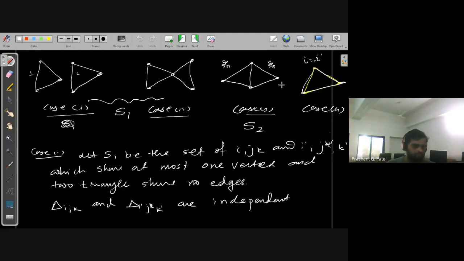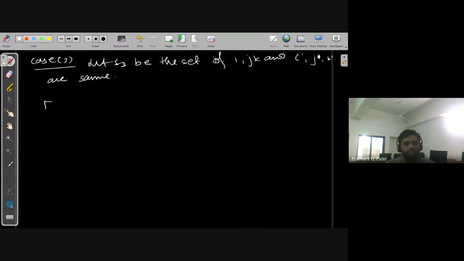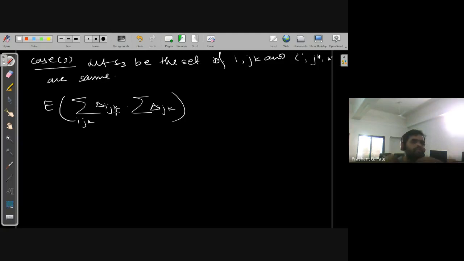Then what will be the probability in this case? Can somebody tell me? So what is the expectation of summation ijk delta ijk into summation delta ijk? And both these triangles are actually the same triangle. Okay, then what will be the probability?